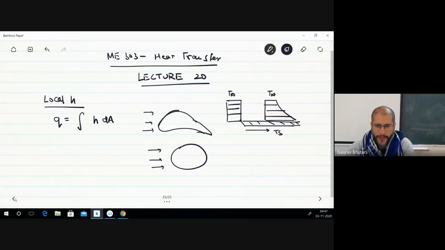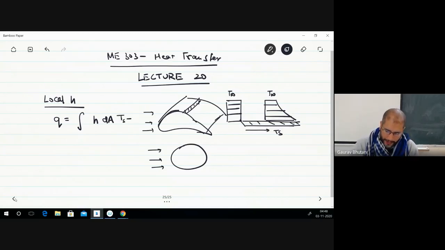So it can be that as well, but in any case, we integrate over the surface area. In this case, the surface area is defined as these thin strips. So we integrate over the surface areas, and then you have Ts minus T infinity.